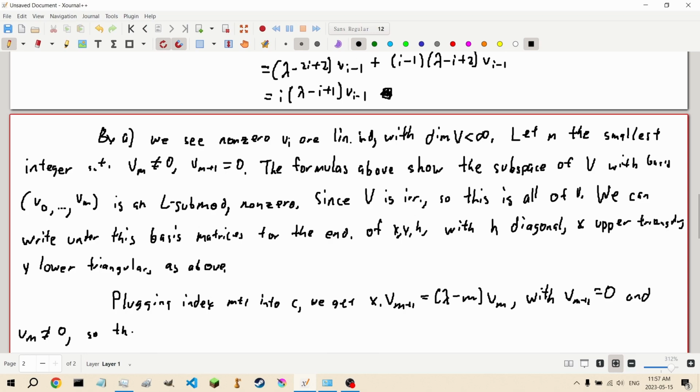So our lambda in this case must be equal to m.